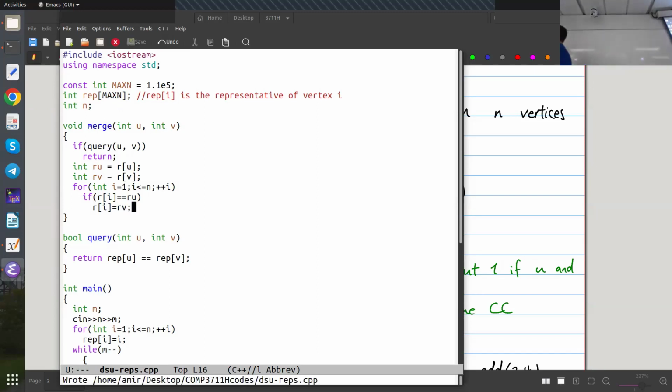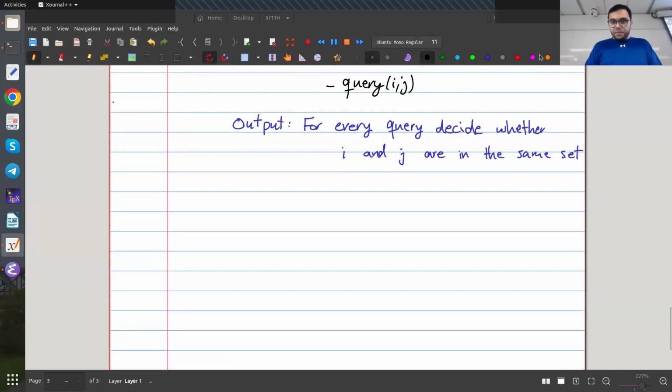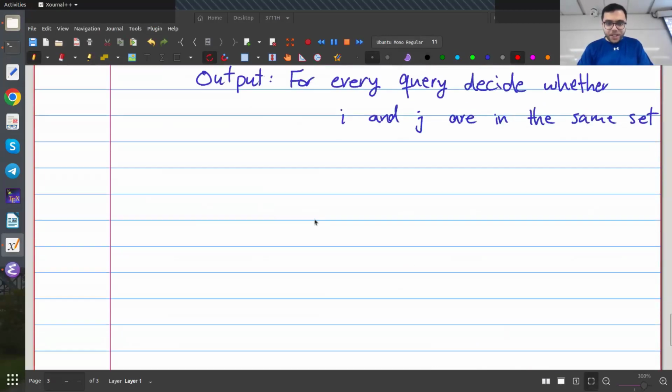Okay, so now all of the vertices that were represented by either RU or RV are represented by RV. So the two sets are merged. Okay, what's our runtime? So this was, let's say, I'm going to call it the basic representatives algorithm.